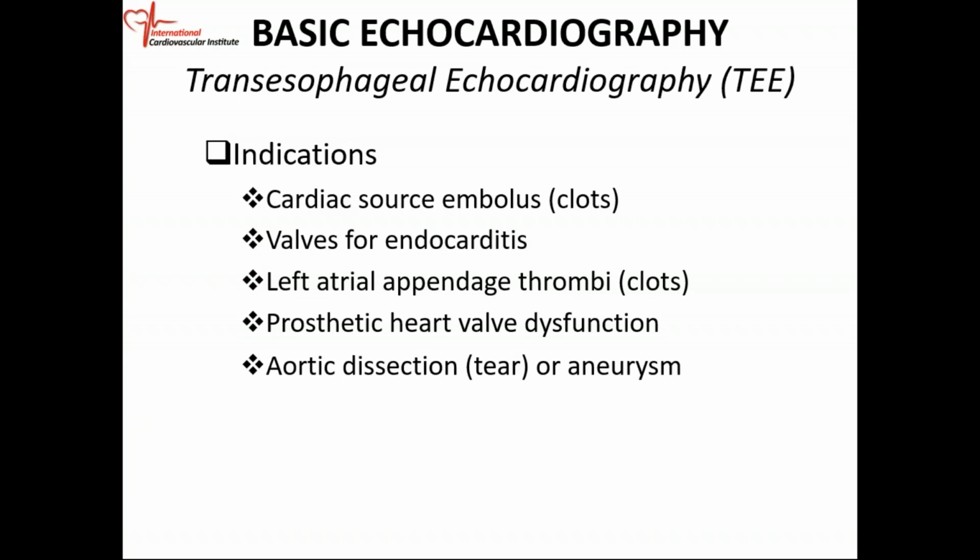So that's one. Then we talk about endocarditis. When we talk about endocarditis, we talk about infective material, usually on one of the heart valves or more than one of the heart valves. So this is infective material that usually resides on the heart valve, and then the patient will come with evidence of infection.